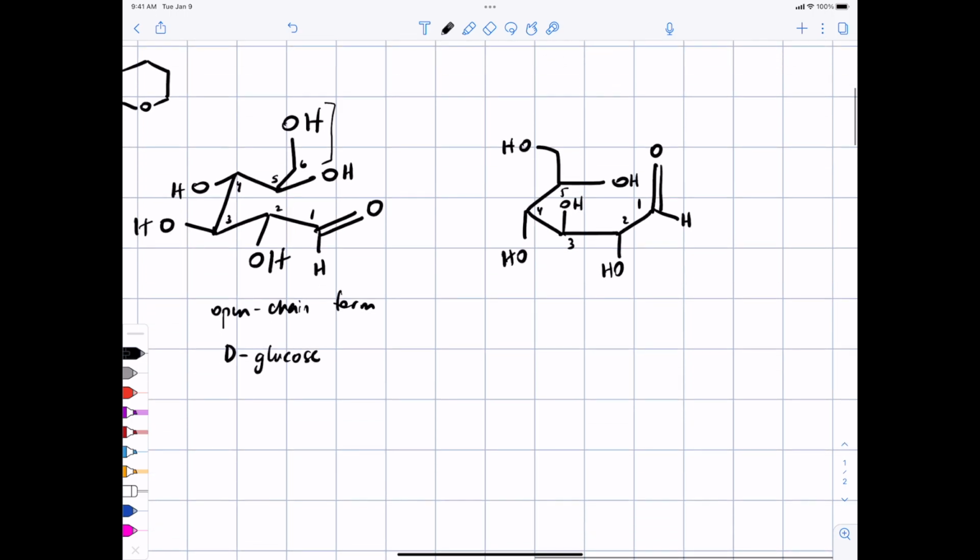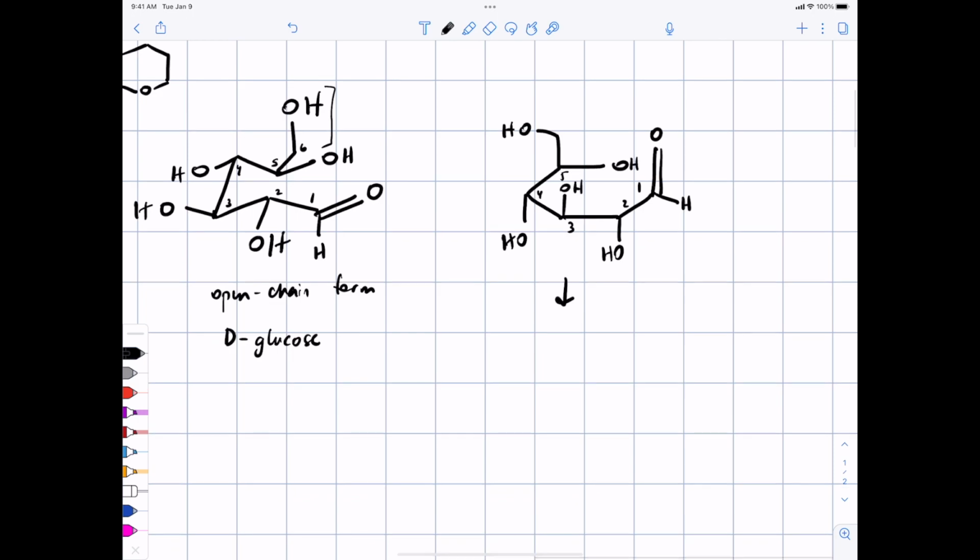Then you're going to straighten out the carbon chain with 1 on the right and 6 on the left.